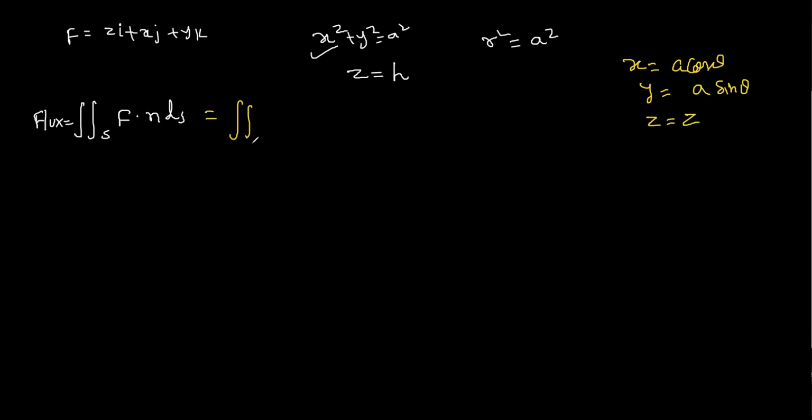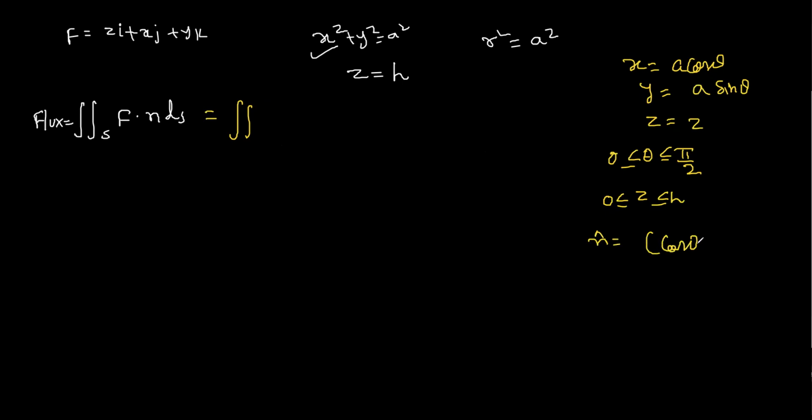Theta goes from 0 to pi by 2. What is the position vector?